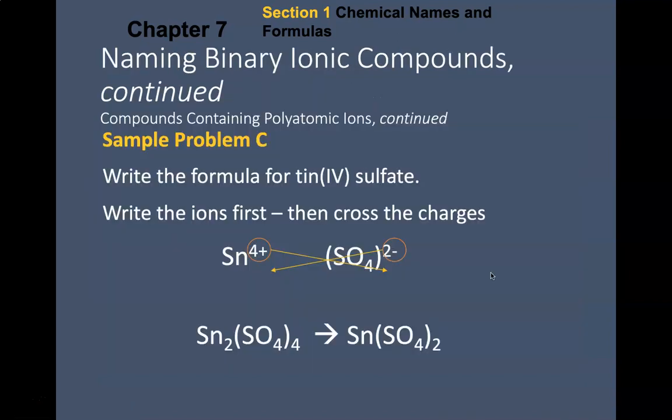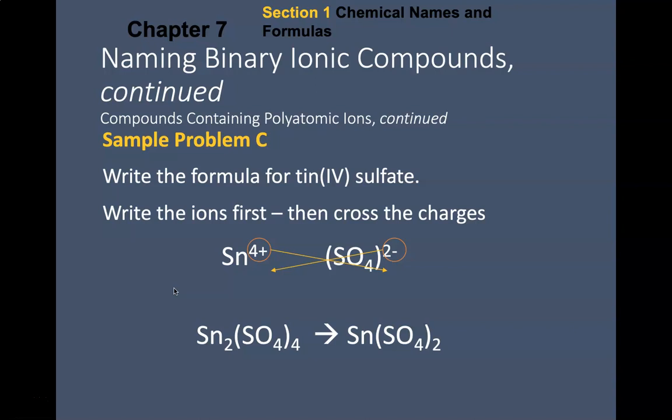All right, so then here we have an example. And like I said, those parentheses are going to be pretty important. Here we're going to write the formula for tin 4 sulfate. So again, we're going to follow the naming convention for the first part. In this particular case, we were told tin 4, so Sn is the symbol for tin, and the 4 is the charge we were given in the parentheses, the Roman numerals.